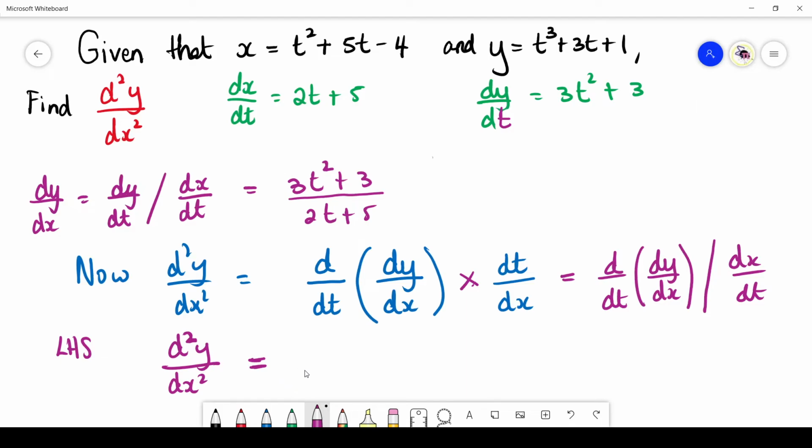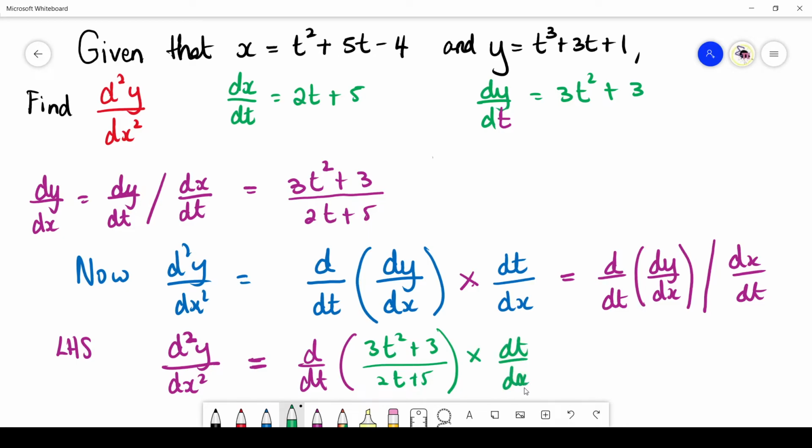Okay? So we are going to differentiate with respect to t dy dx. And dy dx is a big chunk. It's 3t squared plus 3 all on 2t plus 5. And then at the end, we are also going to have to remember to multiply this by dt dx.